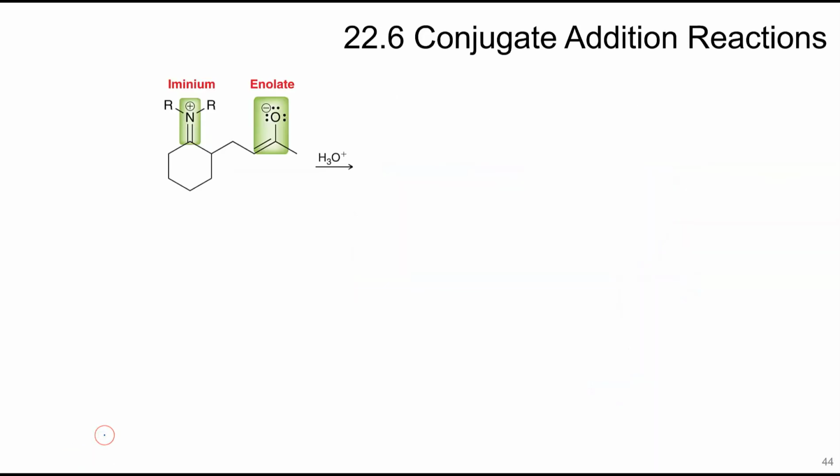And then on the next slide here, we add acid to that. And we know that acid will reverse this and turn it back into the carbonyl, and that will tautomerize the enolate. And we get the secondary amine back.